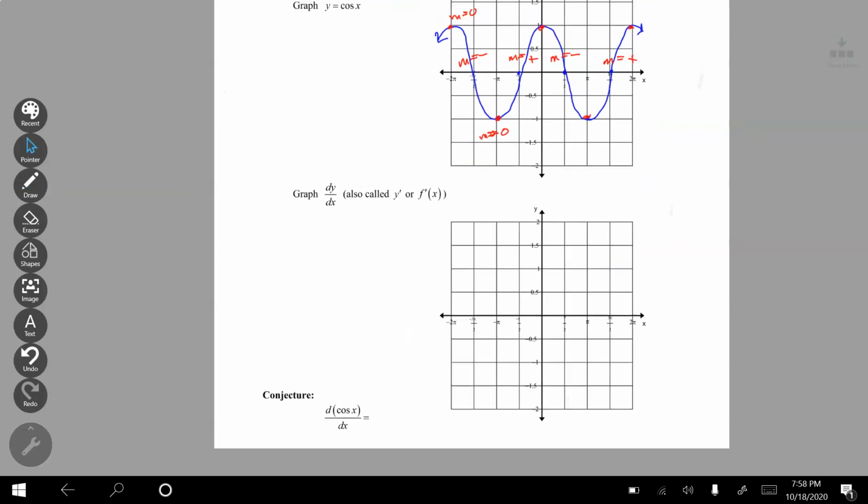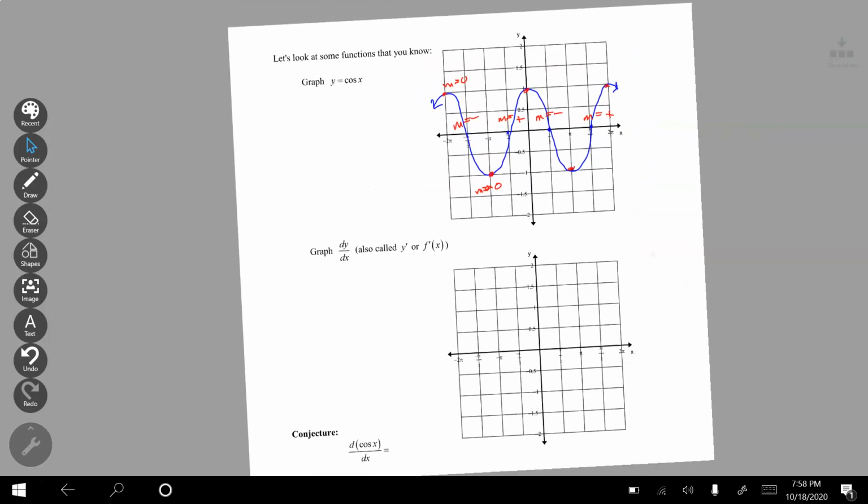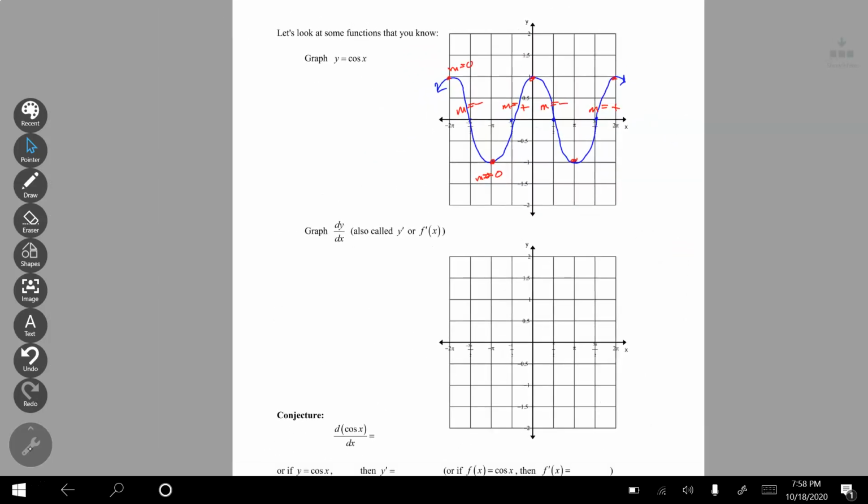So when I draw this graph, so I could put them all on the same page, I get 0, 0, 0, 0, 0, 0. Or my slopes are at the mins and maxes, and I have to go negative to 0 to positive to 0 to negative to 0 to positive, and so on and so forth. And we talked about this last class, that this is a negative sine graph.